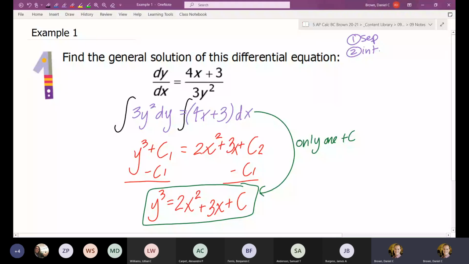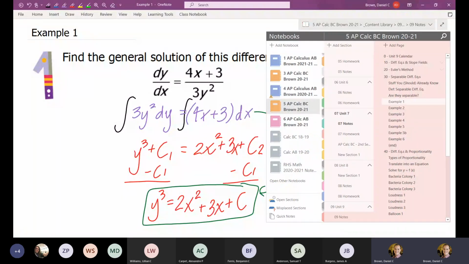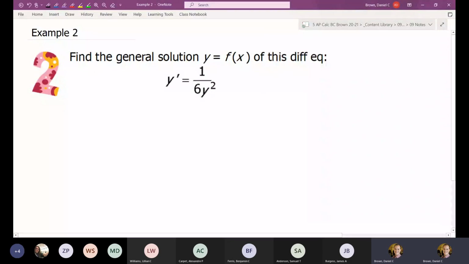What's the main difference? The y equals f of x. And this is super important, and it's not an obvious thing, I think, to most students when you're first looking at it. That statement, y equals f of x, is telling you actually to do a whole lot. So this is telling you your final answer needs to be solved for y. And your final answer must be a function.